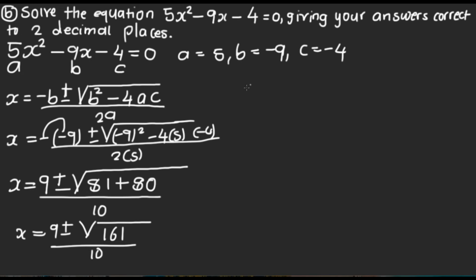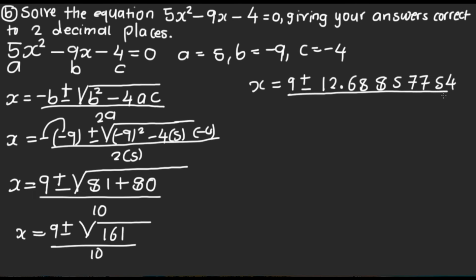After the numbers under the square root are simplified, you have to find the square root of the number under the square root. So square root of 161, I'm getting 12.68857... At this point, don't round it off. You just have to round it at the final answer. So over 10.